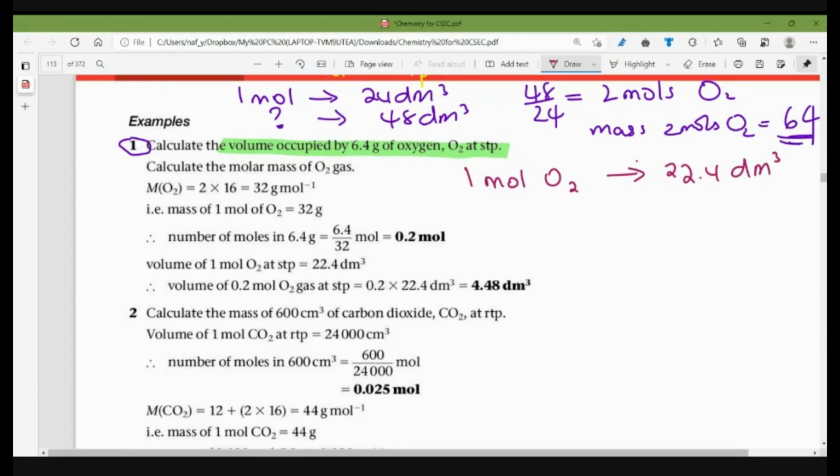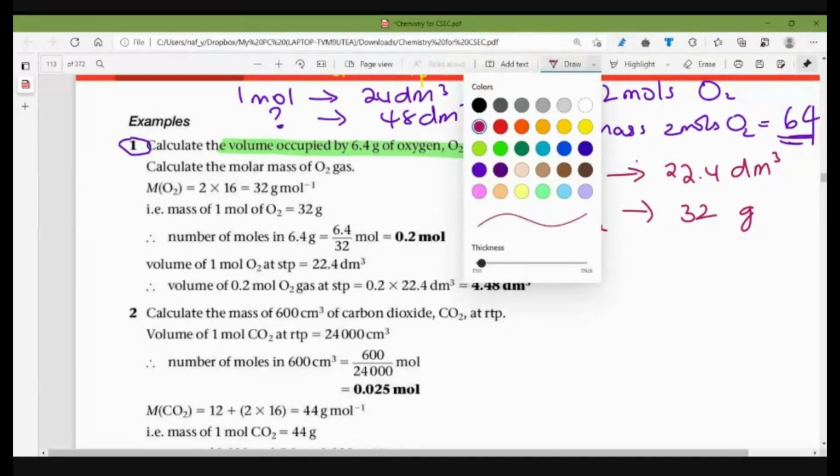We know that. We also know that 1 mole of oxygen has a mass. Remember, matter is anything that has mass. So 1 mole of oxygen gas must have a mass, ladies. And we know that it is 32 grams. That's what we know.